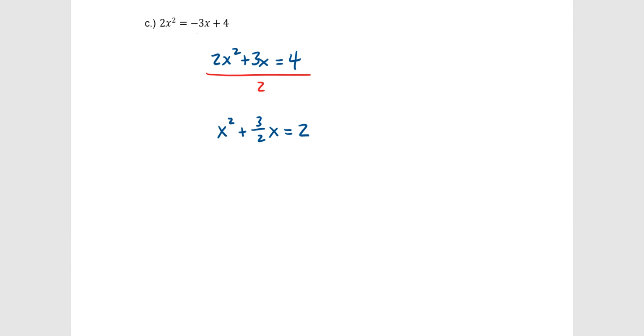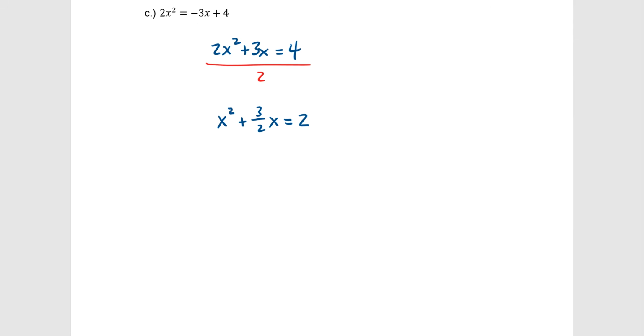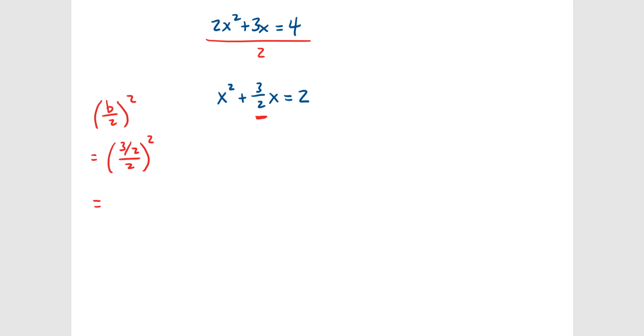And now we can go ahead and complete the square. So we take a look at this coefficient on the x term right here, and that's going to be our b. So we get 3 halves over 2 squared, which is 3 over 4 squared, which is 9 over 16.